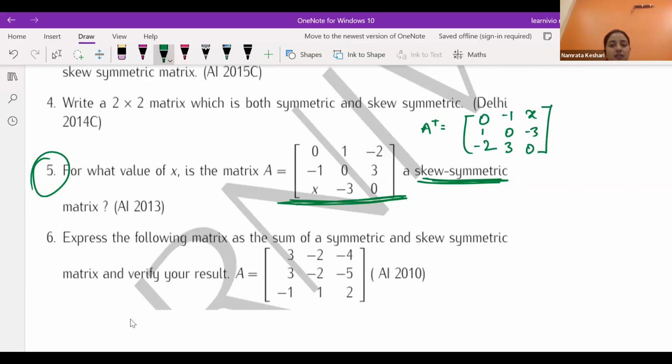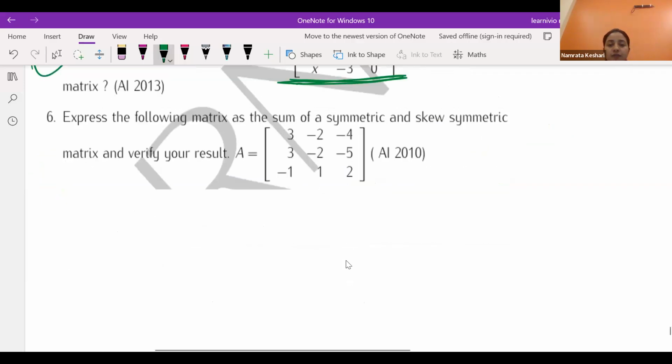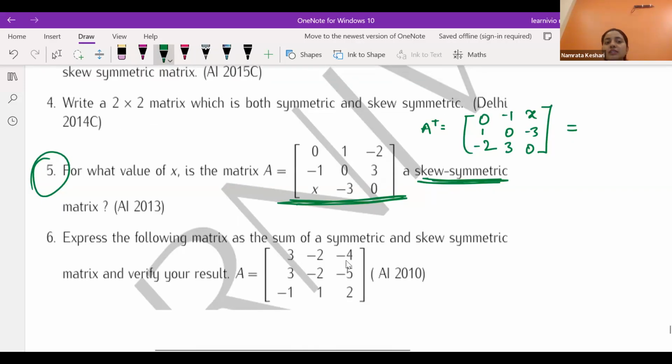Then we will say A transpose must be equal to negative A, right? Yes, since it is a skew symmetric.